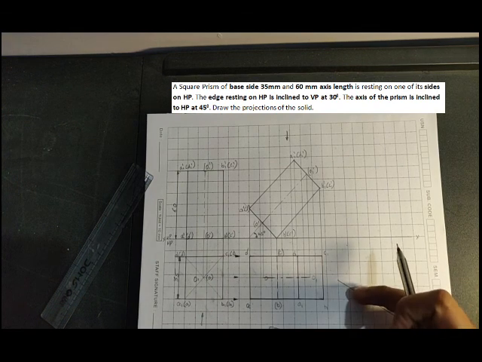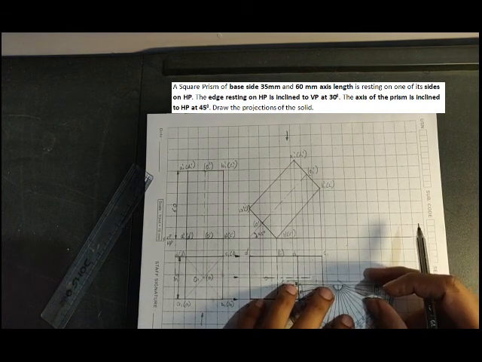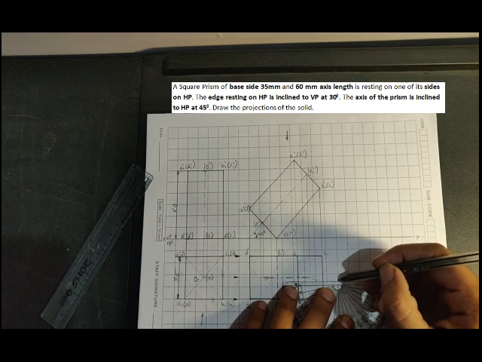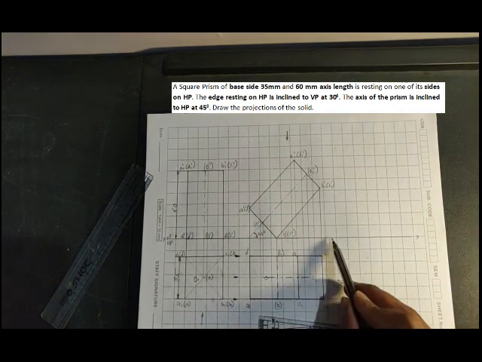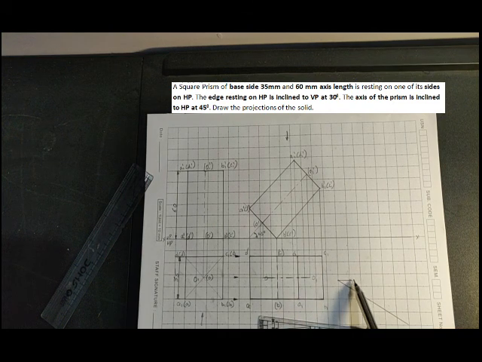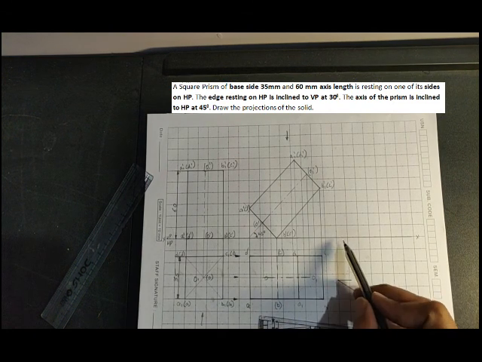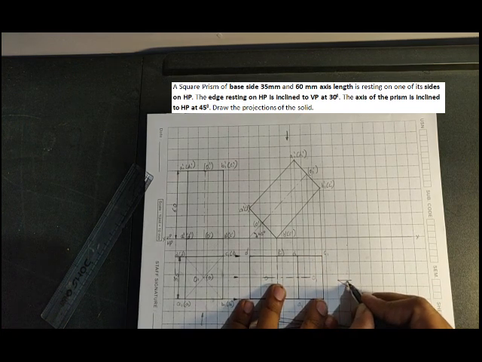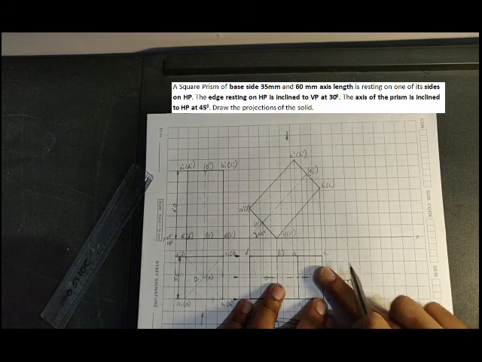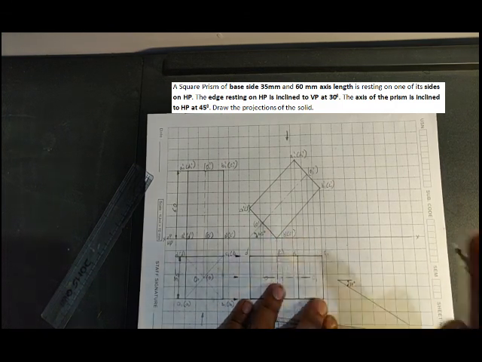You may ask me why have you written here. So understand, right, so this line is parallel to this line. So when I draw 30 degrees to this line, it will also be inclined to 30 degrees to the xy line, right? So I hope you have understood this. Or in a simple way to explain, just project this line onto the xy line. So here you can find out 30 degrees.